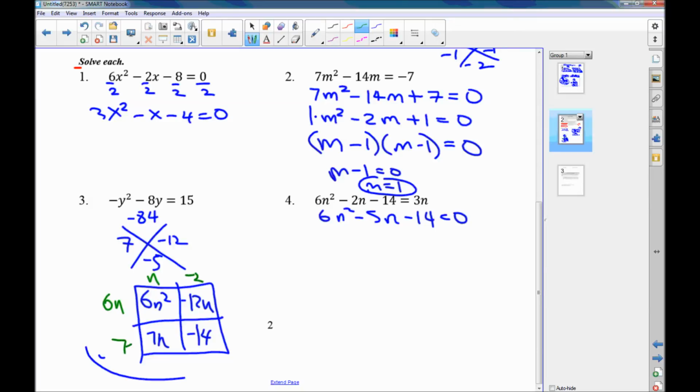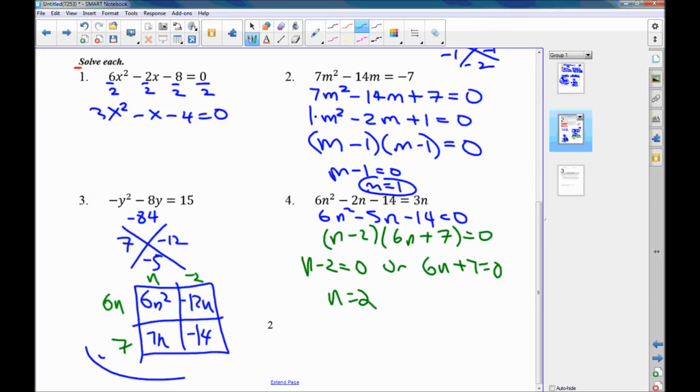And then down here, 7. Okay, so this is going to factor into (n - 2)(6n + 7). Split this into two problems. And solve each problem separately.